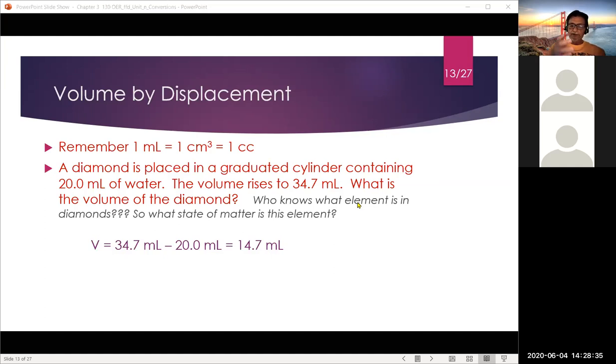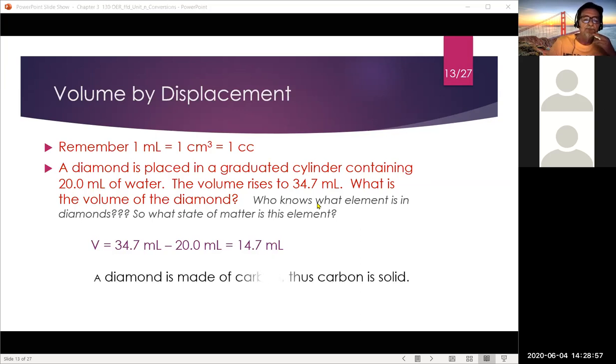But if you have something that has an irregular shape, the best way to do it is dunk it in some kind of liquid and measure the displacement of the fluid, whatever it is you're trying to determine the volume of. Okay, and a question here: diamond is made of carbon. I mentioned that before, and it's a solid.